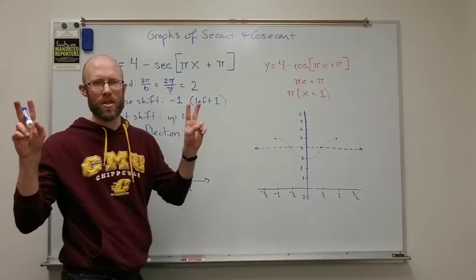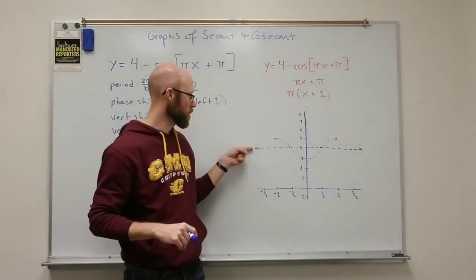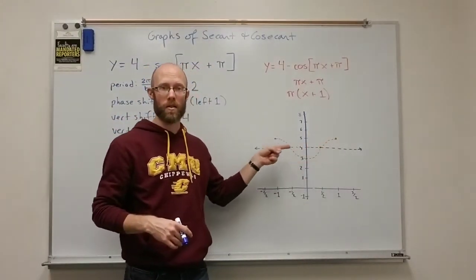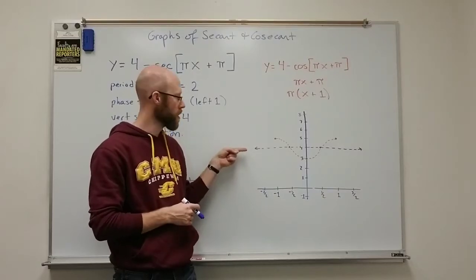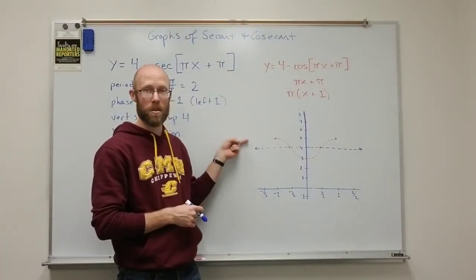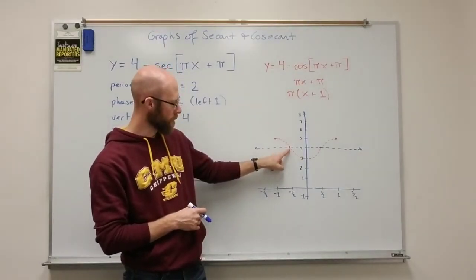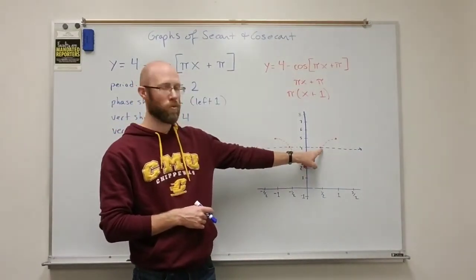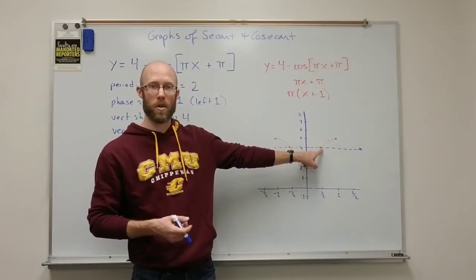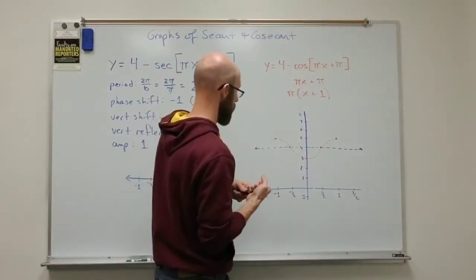Well, the quote-unquote x-intercepts are actually the horizontal sort of axis there. Not the x-axis, but the center axis of the graph. And so at -1/2 and at +1/2, we would have vertical asymptotes for the secant graph.